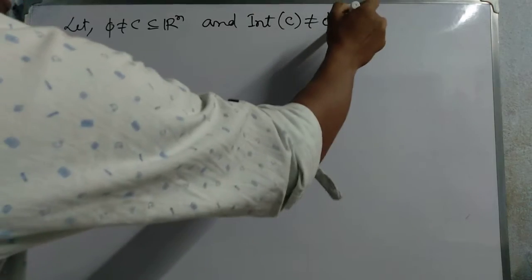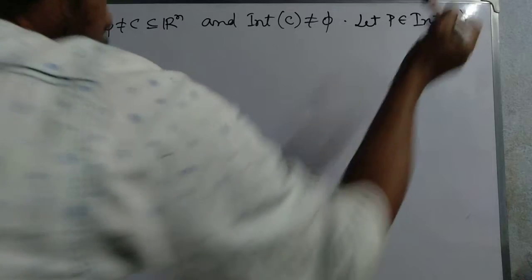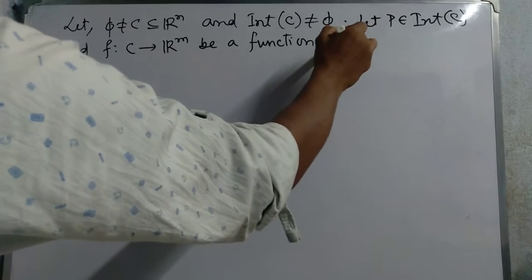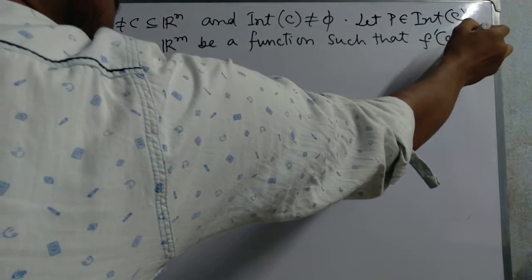Then let p belong to the interior of C, and let f from C to Rm be a function such that f dash(c, u) exists for some u belonging to Rn.